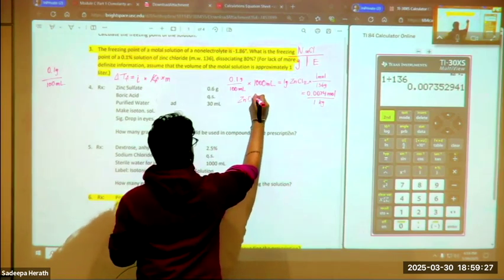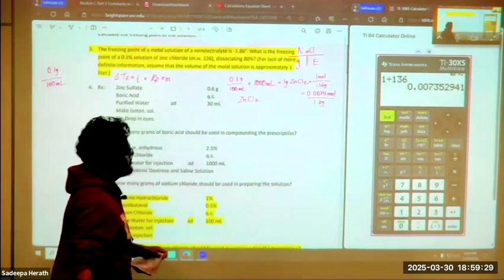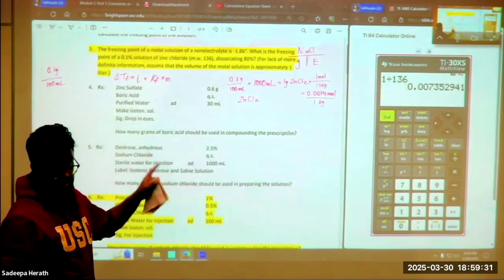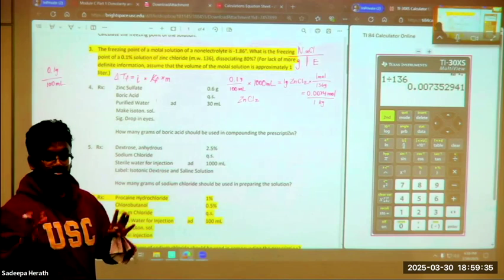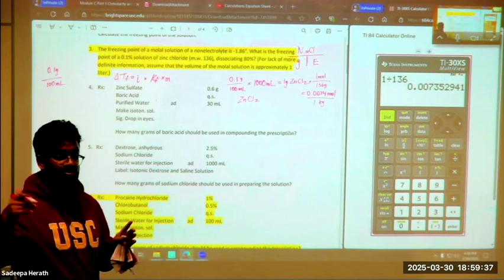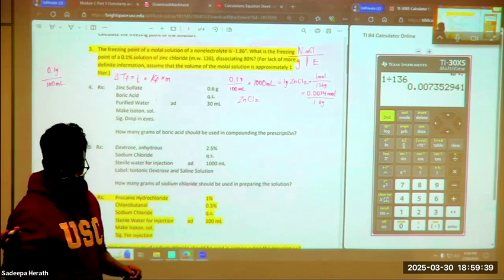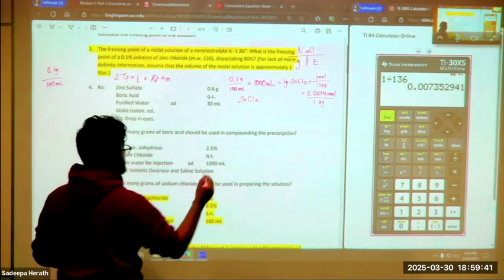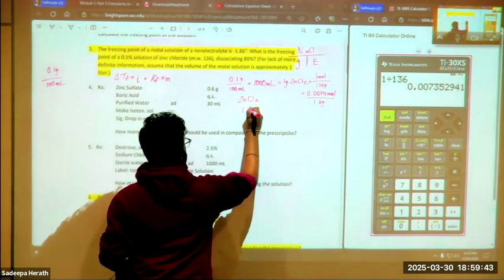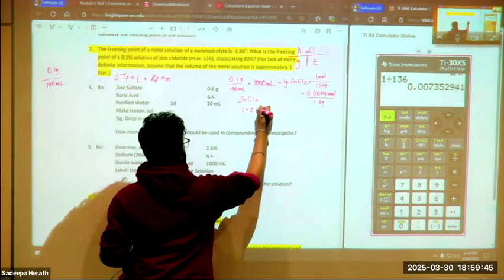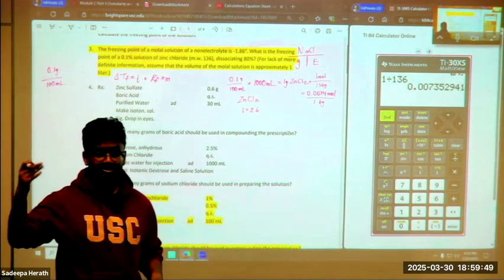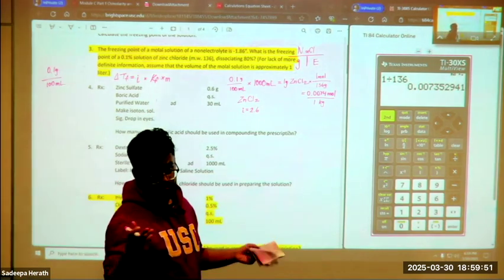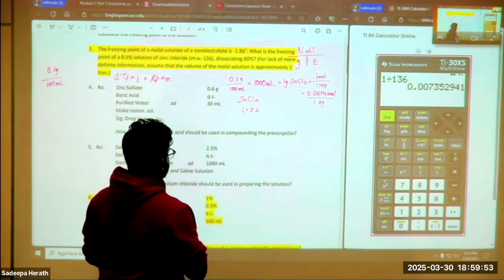Zinc chloride. There's 2 chlorides and 1 zinc. So it's 1.8 plus an additional 0.8 because of the additional chloride. So our i factor is 2.6. And then it continually goes up by 0.8 for every additional ion.